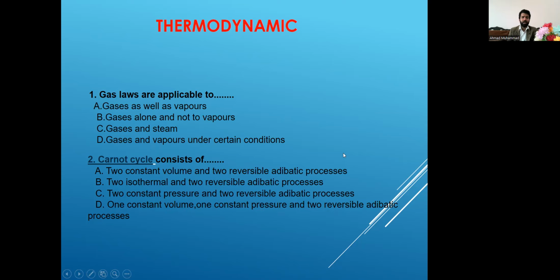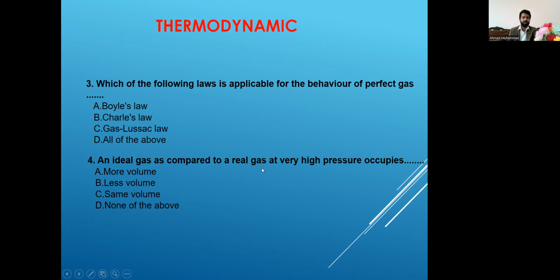We know that the Carnot cycle consists of four processes, two isothermal reversible and two adiabatic reversible processes. So the right option is option B, two isothermal and two reversible adiabatic processes.